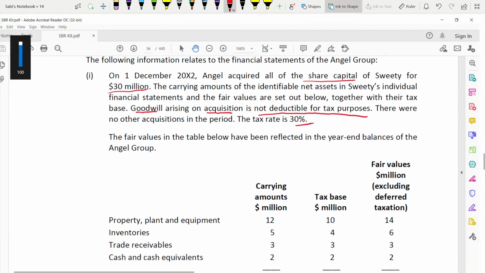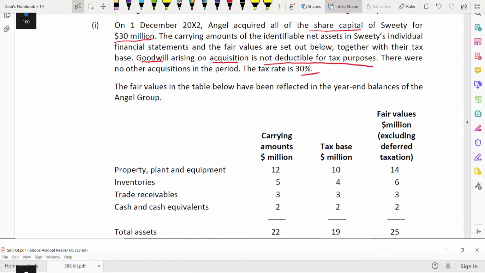You have been given the year-end balances: the carrying amount, the tax base and the fair value. This excludes the deferred taxation, because definitely when you're taking net assets and carrying amounts, you have to take the deferred taxation, deferred tax asset or deferred tax liability.